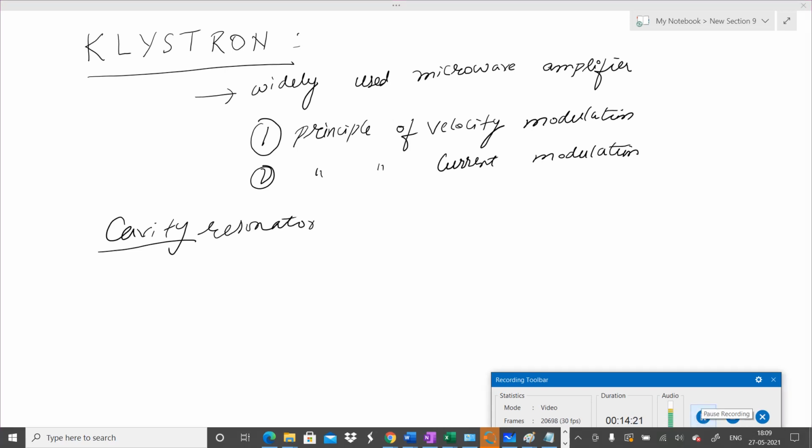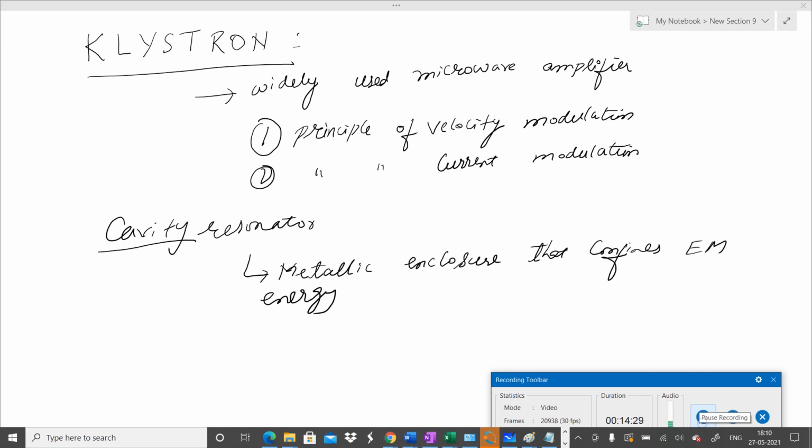So in simple words, it is a metallic enclosure, you can say a closed surface that confines the electromagnetic energy, and the corresponding electric and magnetic energies inside the cavity will determine its equivalent inductance as well as capacitance.